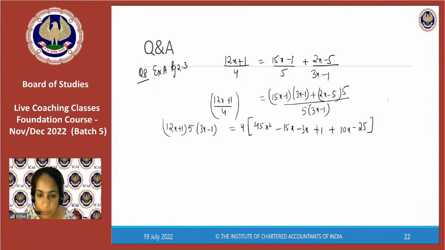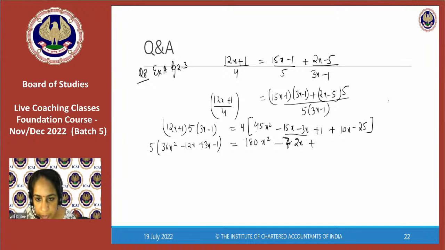The best one for you would be simply substitute the values. So 5 into 36x square minus 12x, and then plus 3x minus 1 is equal to this part, 4 into 45, 180x square minus 60, this is 18 minus 72x plus, this is minus 24, plus 4 plus 40x minus 100.